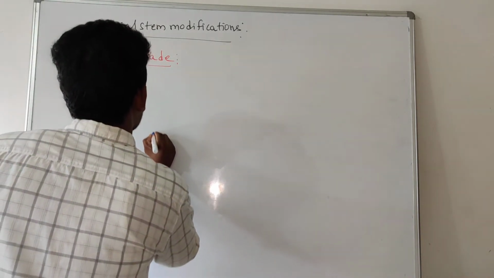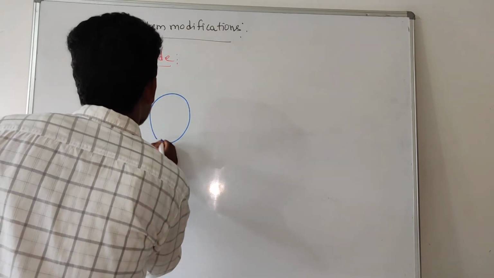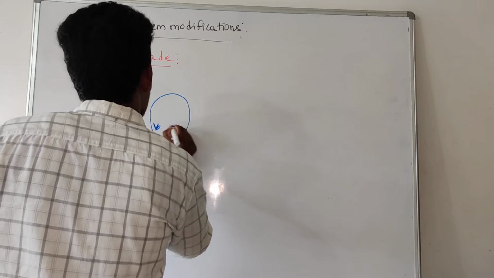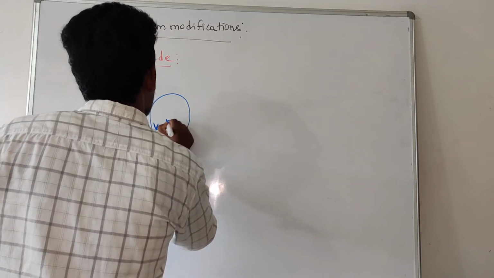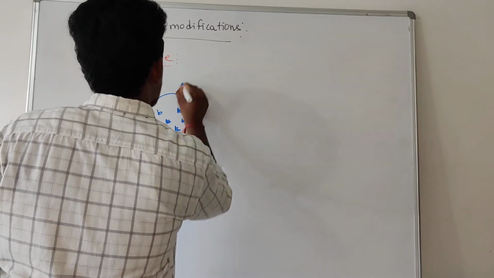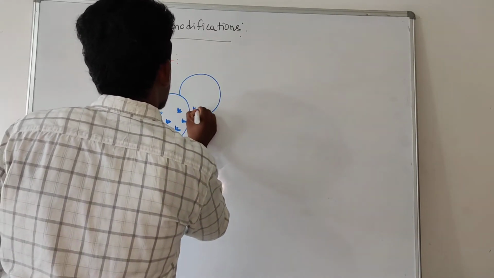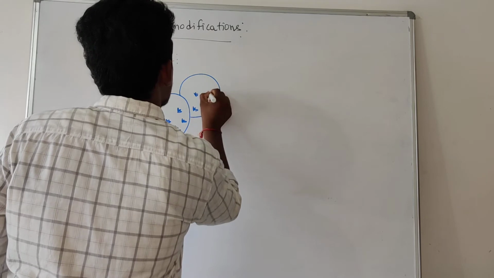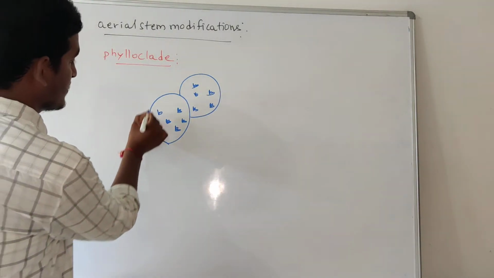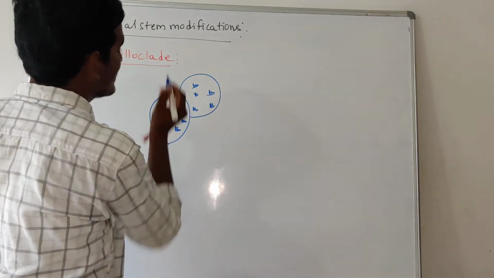So we'll draw the diagram. Here the stem is modified into a flat and green colored structure.